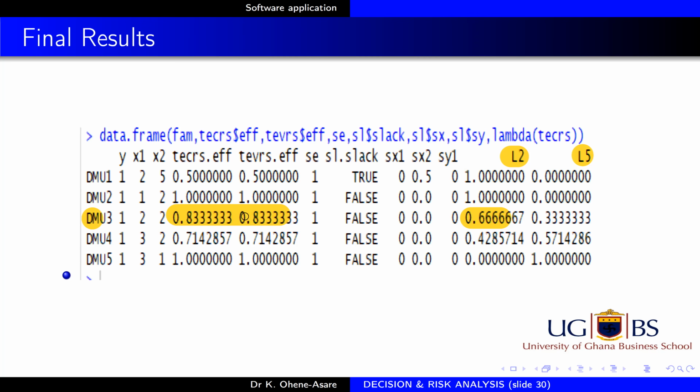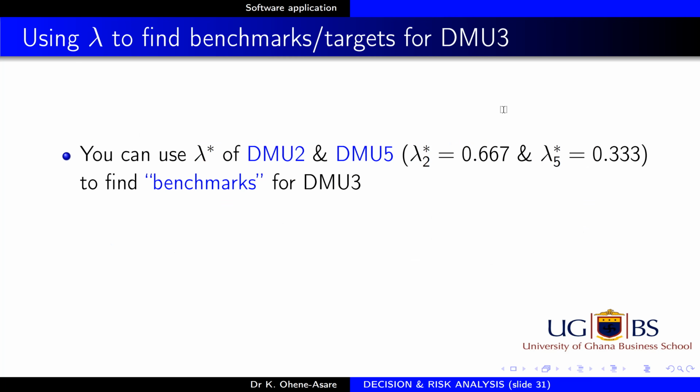If I had not deleted anything, how do you find the target? Well, one way you can find the target is using this efficiency score. Another way you can find the target is using the lambdas for that DMU. How do you do that? Now, let's see.